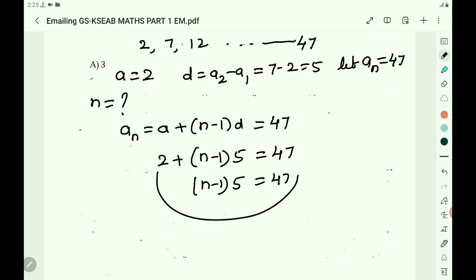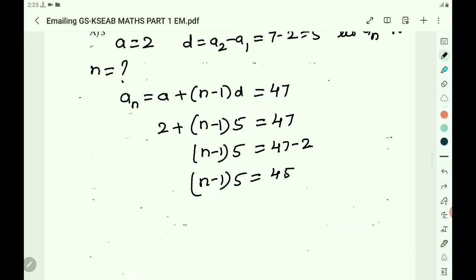It becomes minus 2. Then n minus 1 into 5 is equal to 45. Then transfer this 5 to the RHS. That becomes n minus 1 equals 45 by 5. 5 nines are 45.